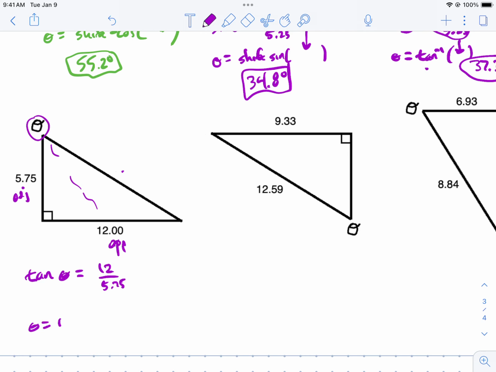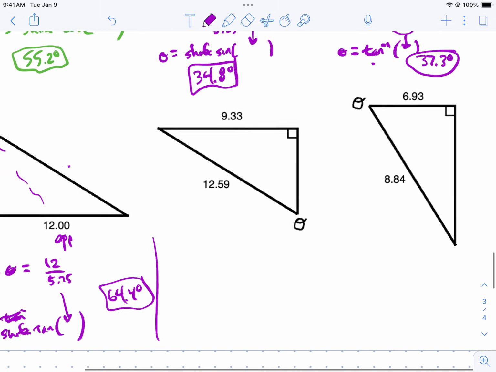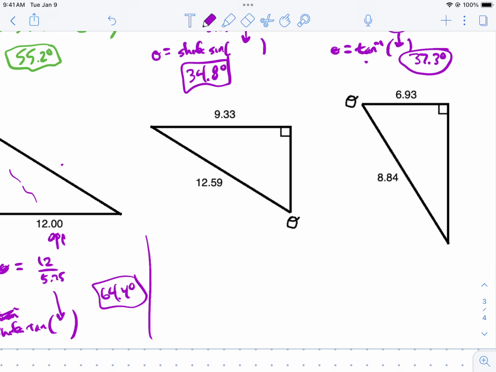So the angle itself is shift tangent of 12 divided by 5.75, equals, and then shift tangent of the answer, equals 64.4 degrees. By the way, I didn't make any effort to draw these triangles to scale, so don't let that throw you. Don't look at the angle and guess. That's not going to work. Not for these triangles, it ain't.